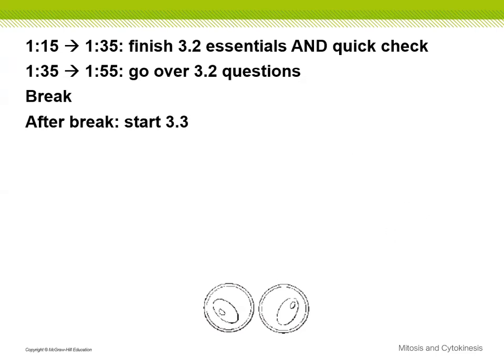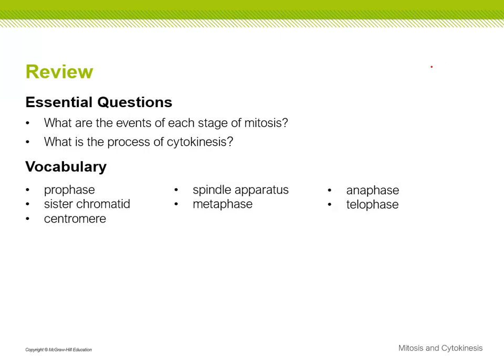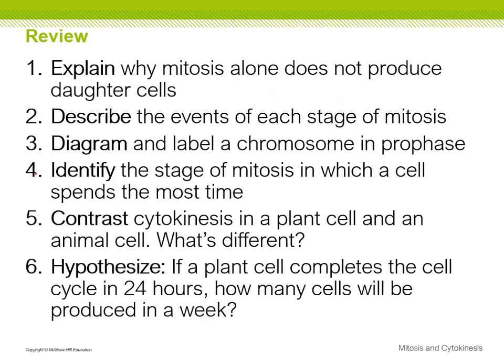Okay, so just starting to go through some of this stuff. Here it is. I've got a couple of questions here that we're going to go through. Don't worry about number 3. That is printed out and given to you. That's in the essentials thing.